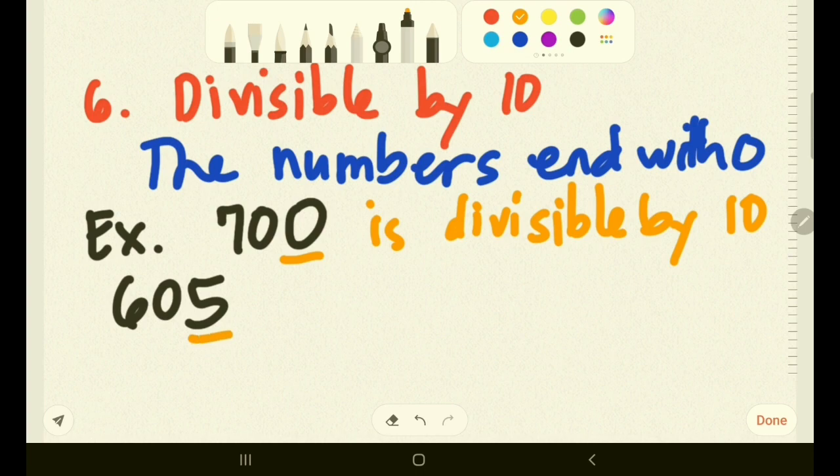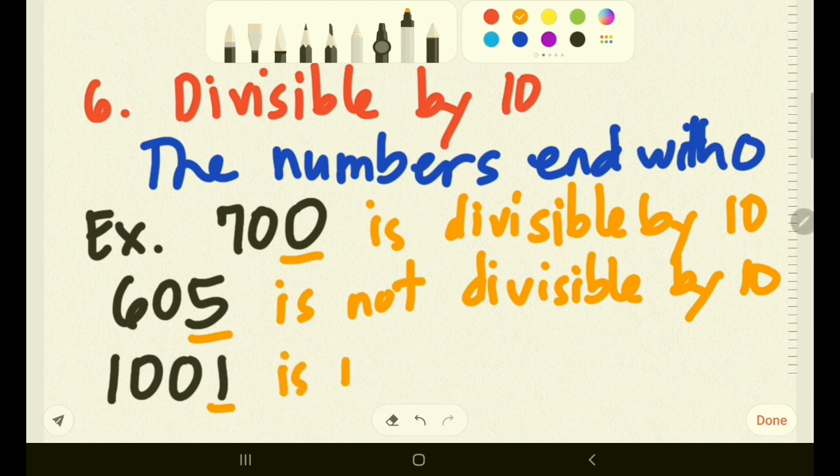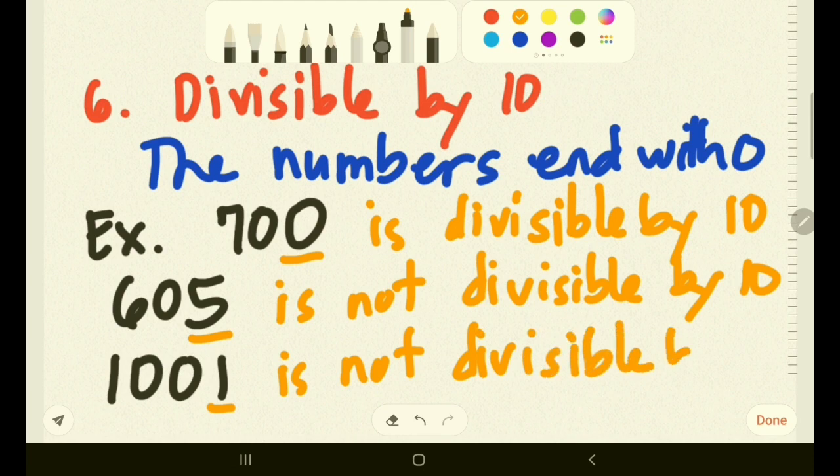This does not end with 0, meaning this is not divisible by 10. Okay, last, 1001. This ends with 1. Of course, by the rule in divisibility by 10, if it does not end with 0, that is not divisible by 10.